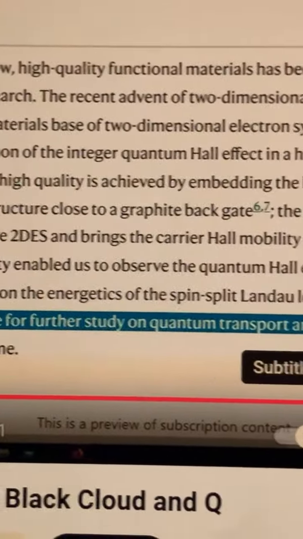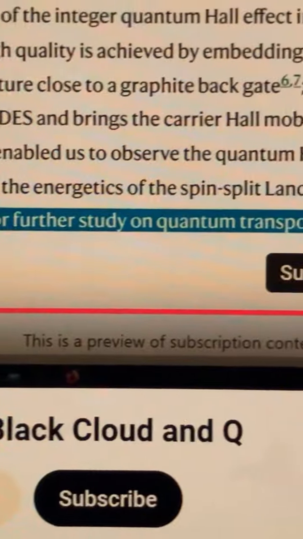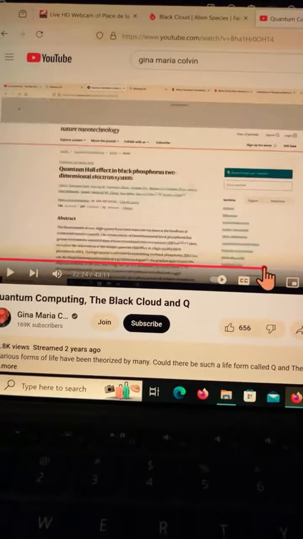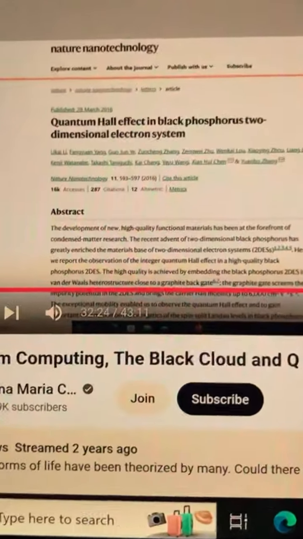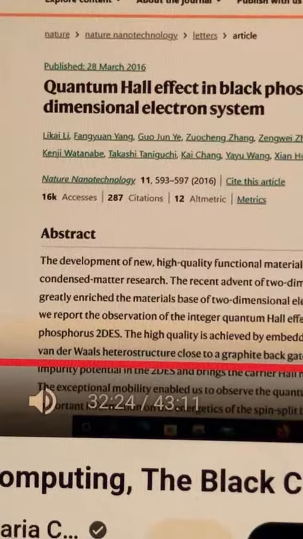New high quality functional materials have been at the forefront of condensed matter. Study of quantum, they use the quantum computing in the cloud. What else did we get pulled up on here, you all? The quantum Hall effect in black phosphorus two-dimensional electron system.